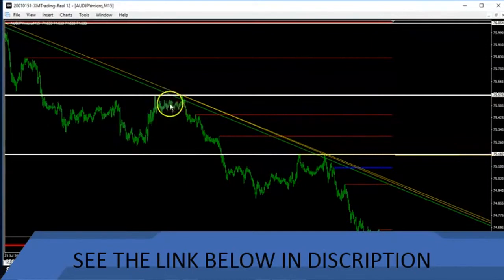Retest, touch, break, retest, touch, and then boom, 100 pips. See, price was coming, break, retest, touch, boom, your trade activates, 100 pips. So this line is here because we are expecting the next break, retest, touch, and drop of 100 pips. Now look what happened with this one.